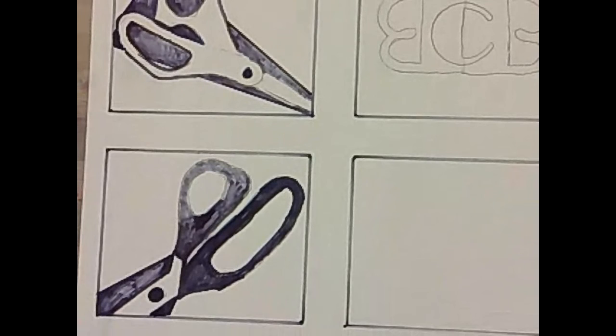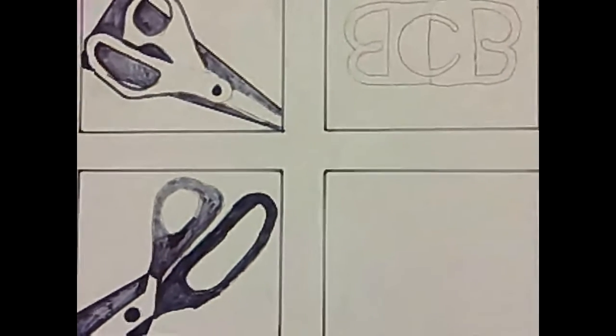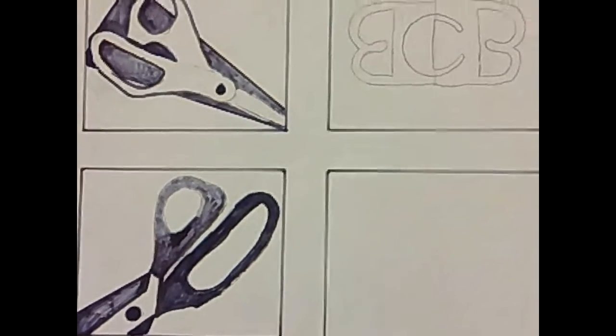So the idea is to use the openings and solid spaces in these objects that you've found, or you can use the scissors that I photographed for you to create games between positive and negative space.